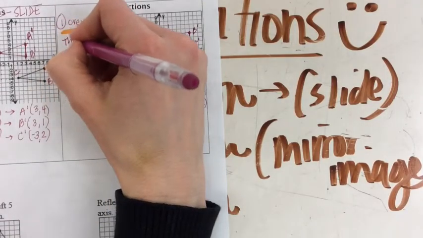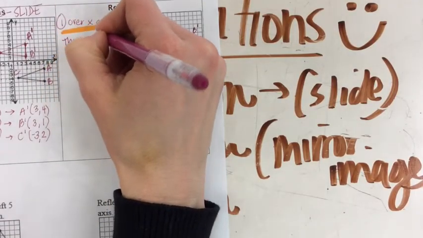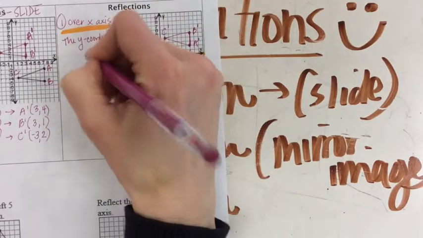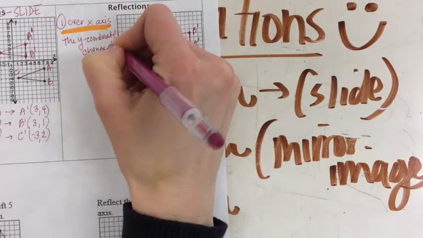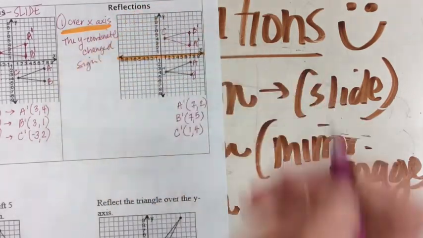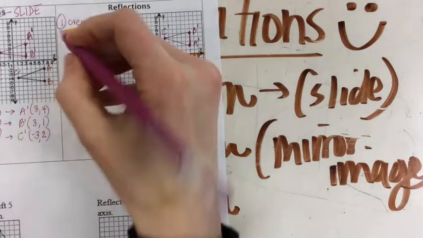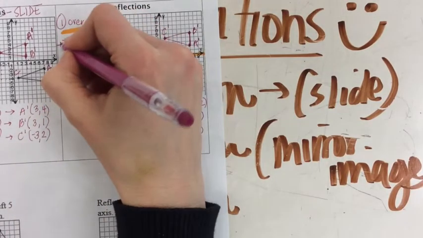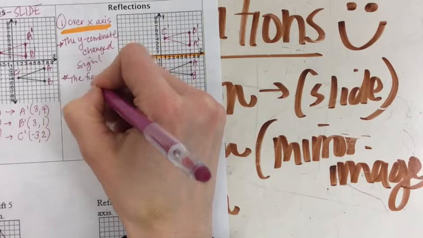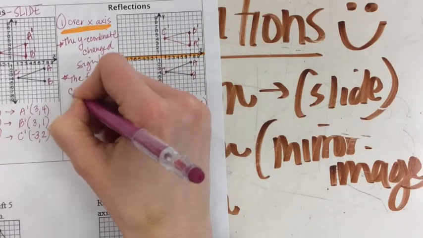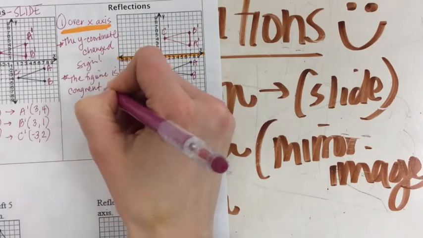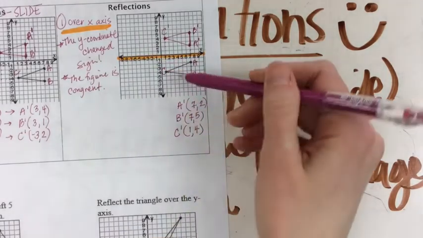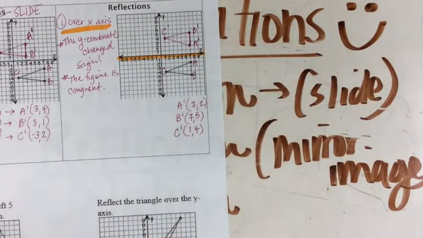The y coordinate changed sign. But again, the figure is congruent, which I think is really great. So now these are the same shape and same size, even though I've reflected it.